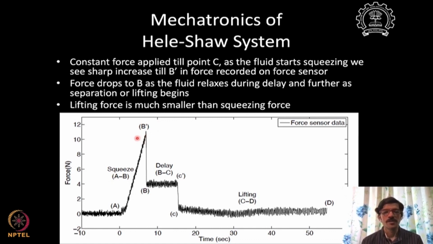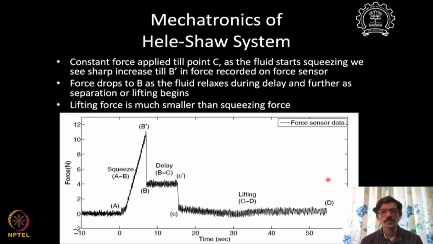If we want to squeeze more, or to a thinner film, we need a much higher actuation force. So these are different domains of analysis: in the fluids domain, how much force will be required to squeeze a film to a thickness of say 20 micron, 30 micron, 50 micron or 100 micron.